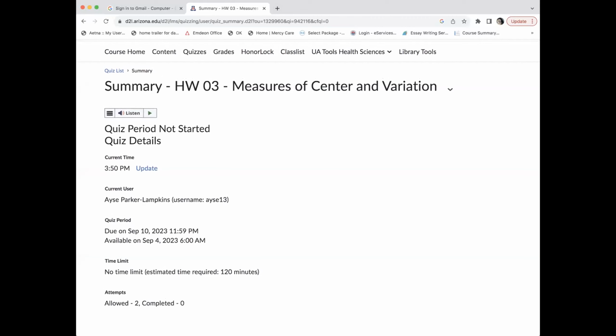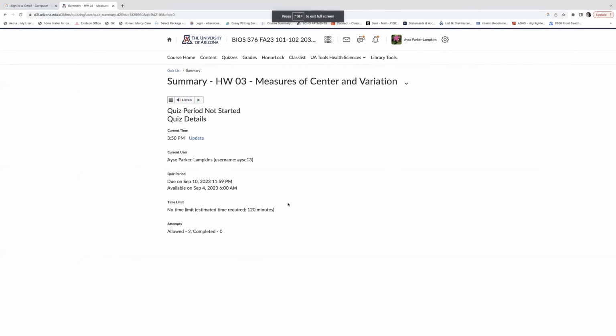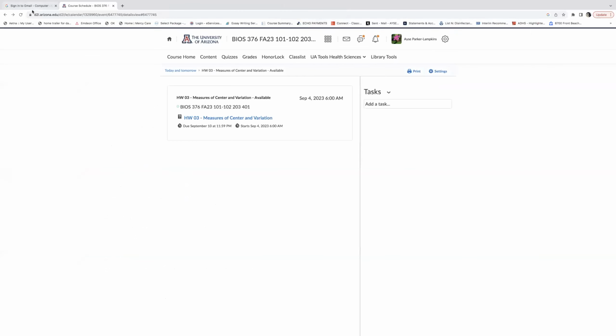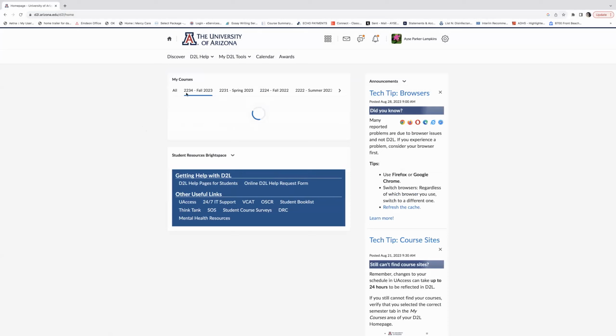Okay. Oh, it's not even open? It looks like it may not be open yet. Oh, that sucks. It says available September 4th at 6 AM. Well, maybe I can go back to the previous ones.